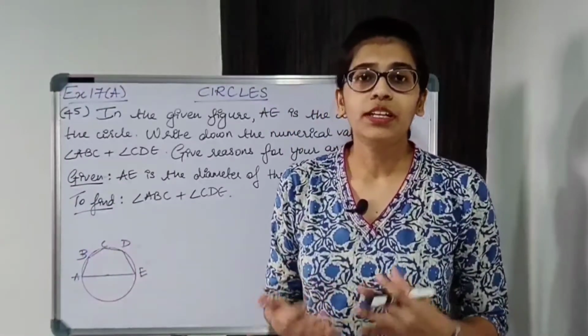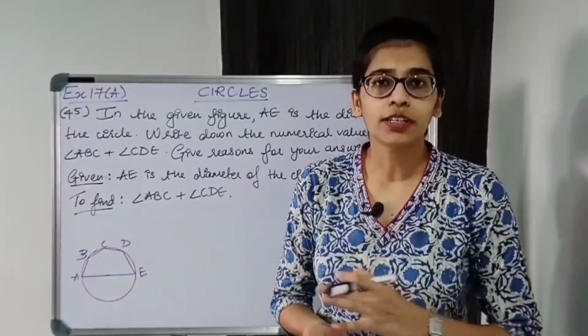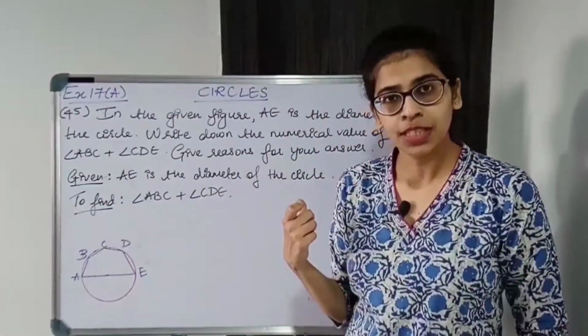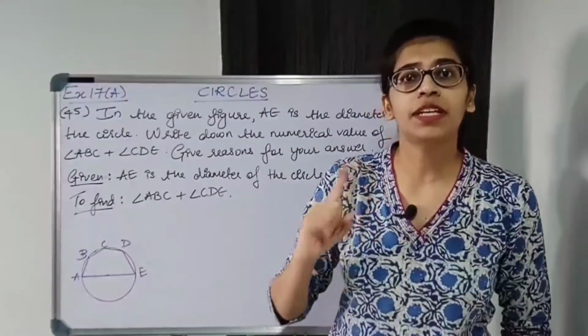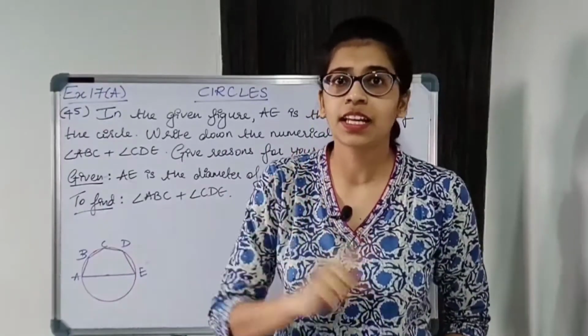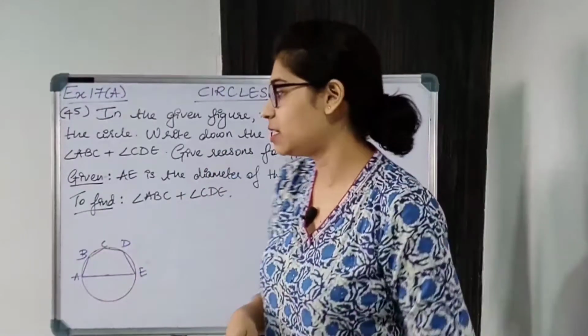So what we'll do over here is we need to do construction. Now what construction? We are given that AE is the diameter. Now we know diameter always subtends a right angle on the circumference of the circle. That is the angle which is 90 degrees. Okay, that is, the angle of a semicircle is always 90 degrees.